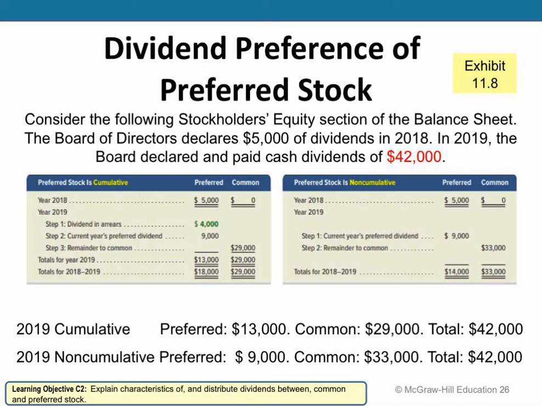Here, the difference between cumulative and non-cumulative is going to be that 4,000 that the preferred shares are in arrears under cumulative, which needs to be caught up first. And it's not uncommon to see those preferred shares listed as cumulative shares so that they get that priority and step in front of those common shareholders. So the 2019 cumulative is a fairly common way to see those structured.